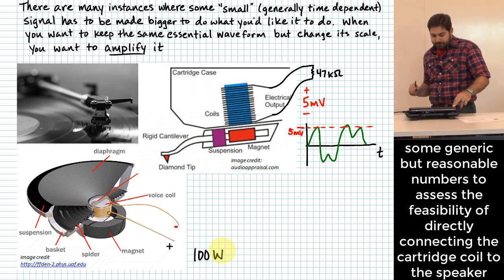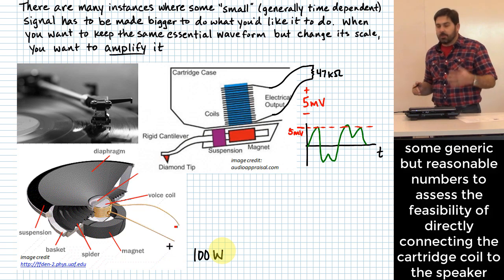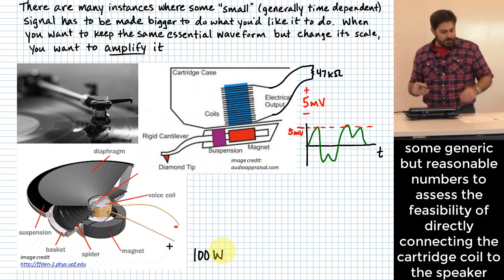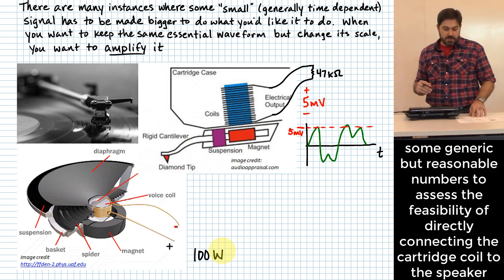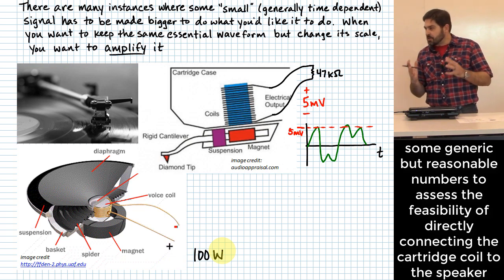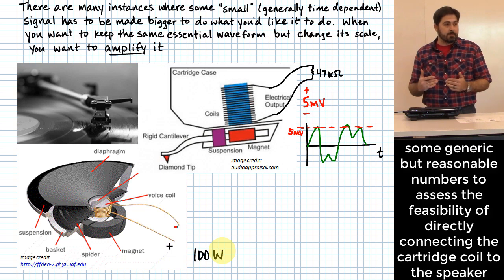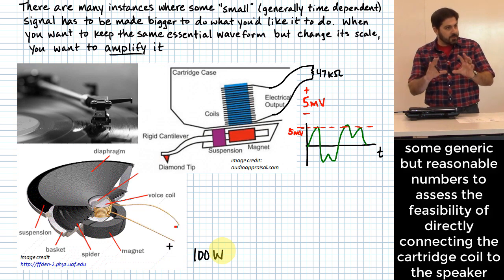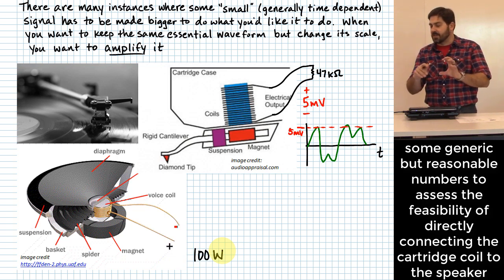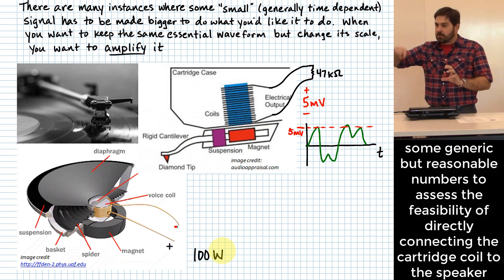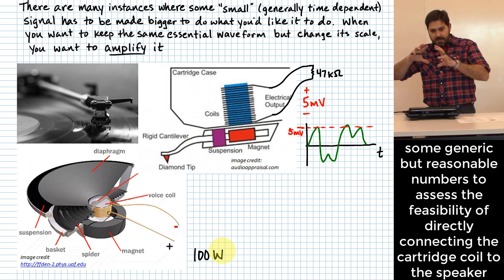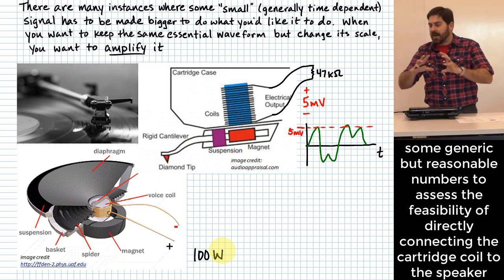All right, and let me give you another kind of parameter that is sometimes used with these speakers. Usually whatever speaker system you're doing is designed to have a certain amount of impedance for the speaker. If you're driving that speaker with some kind of a wave, think of the voltage of that wave.